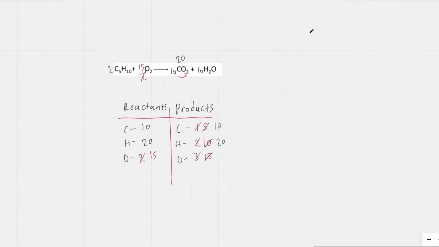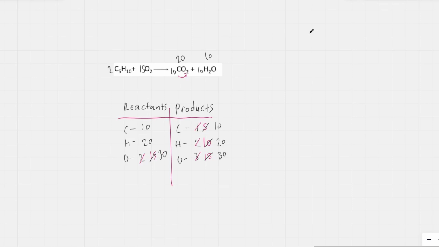And here we can see that there is 10. So now there's 30 oxygens on the right-hand side. Now for our left-hand side, since that 2 is gone, all that's here now is just 15. So therefore, this becomes 30, as 15 times 2 is 30.